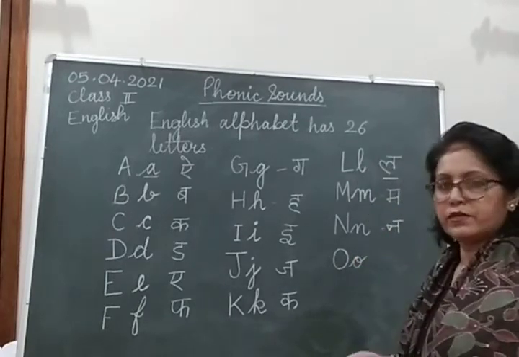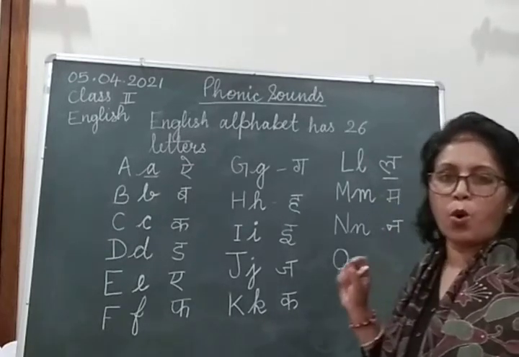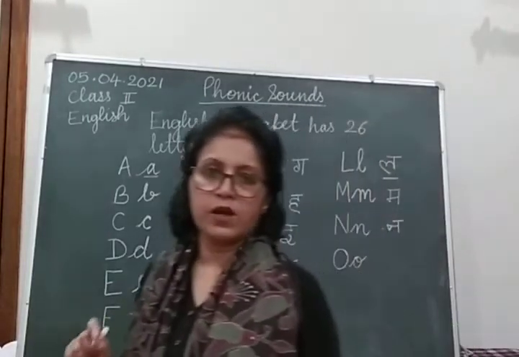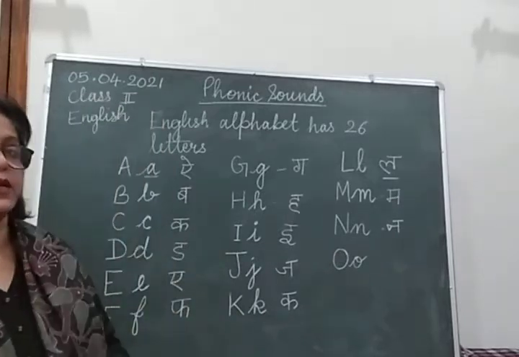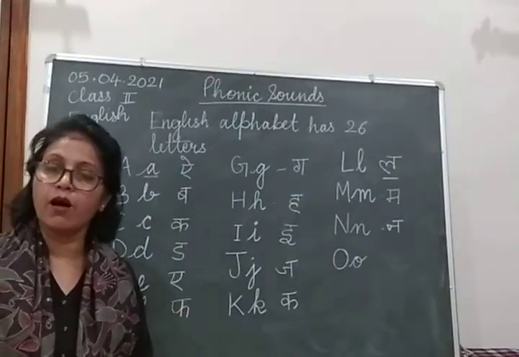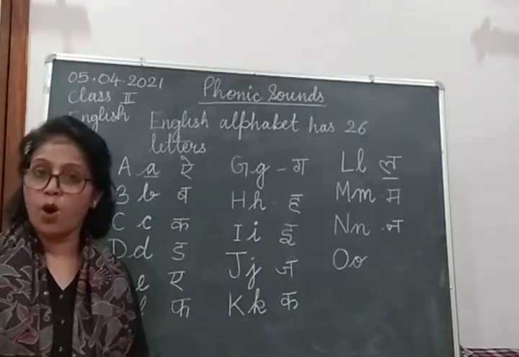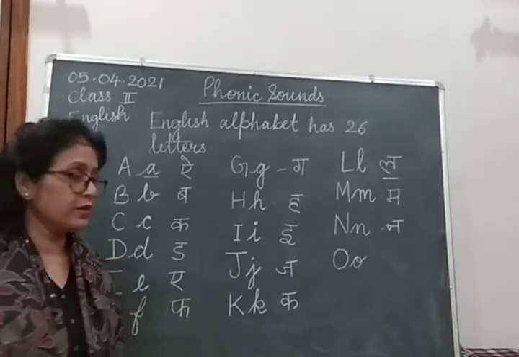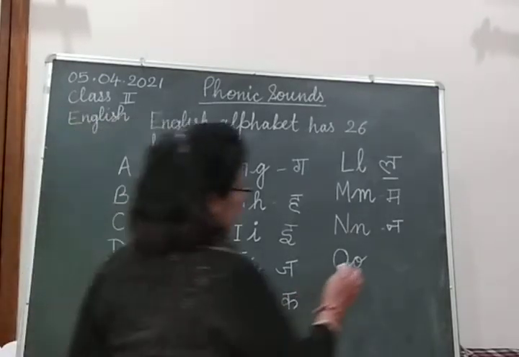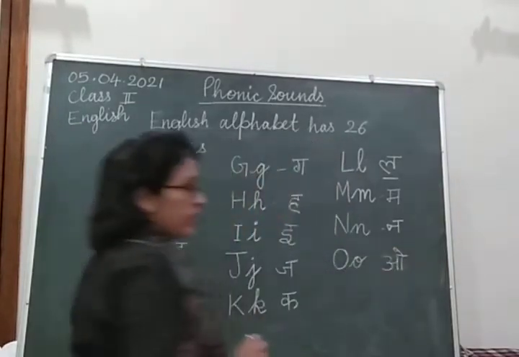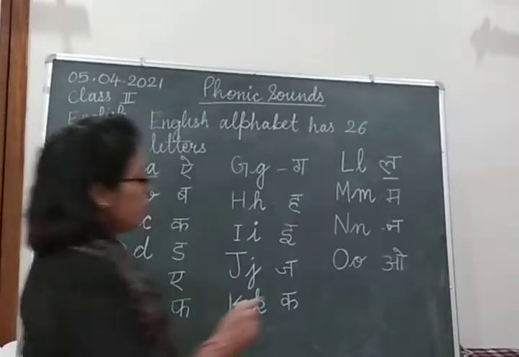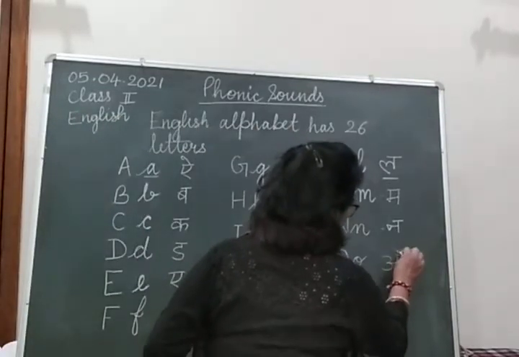In cursive, we write it like this. O. Letter is O. And its pronunciation is O. Not exactly the way we write it. You can call it a little like this.